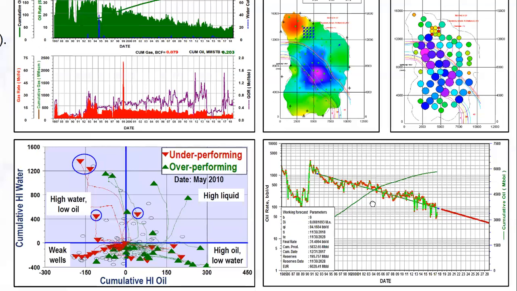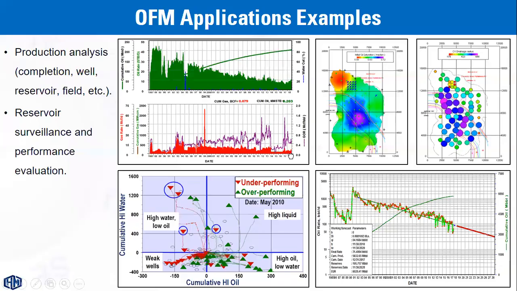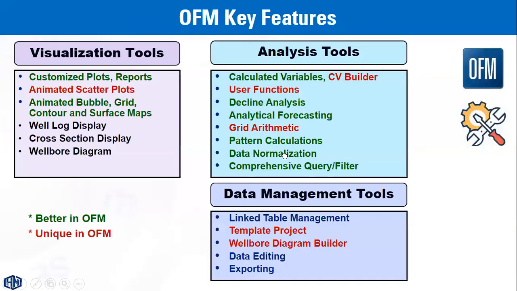Also production forecasting and conventional or maybe advanced decline curve analysis tools. So we have different visualization tools like customized plots, animation, animated bubble maps, and so on, and grid maps.